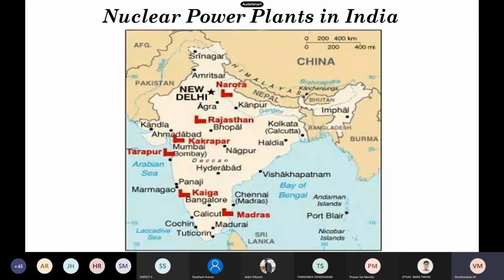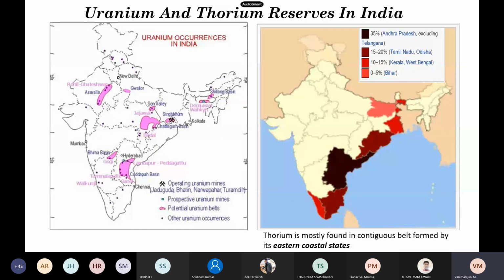And these are the uranium and thorium reserves in India. 35 percent of the thorium and uranium reserves are in Andhra Pradesh, 15 to 20 percent belong to Tamil Nadu and Odisha, 10 to 15 percent to Kerala and West Bengal, and around 5 percent to Bihar. The eastern coastal states in particular have these thorium reserves in India.